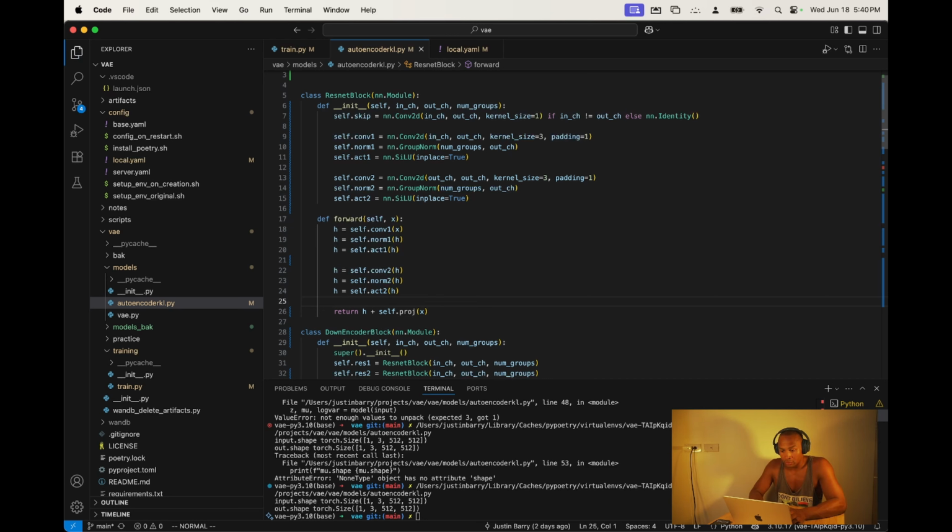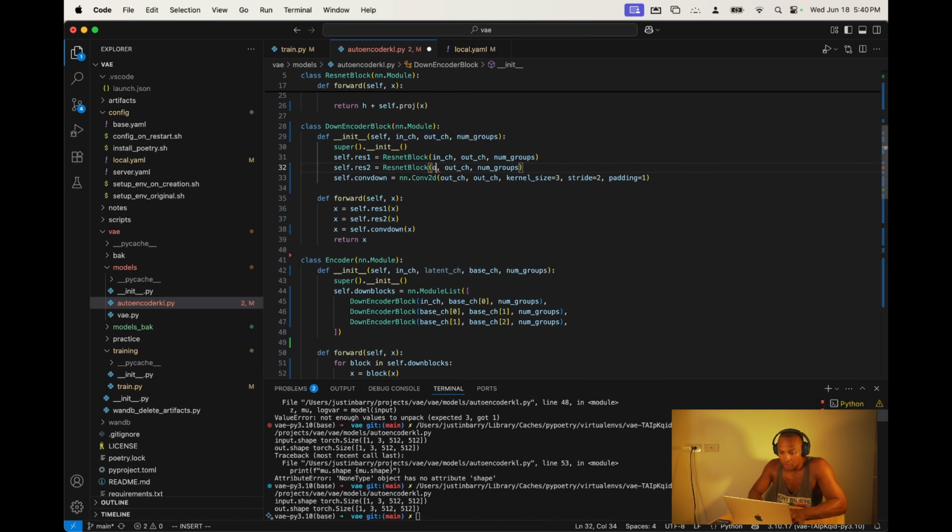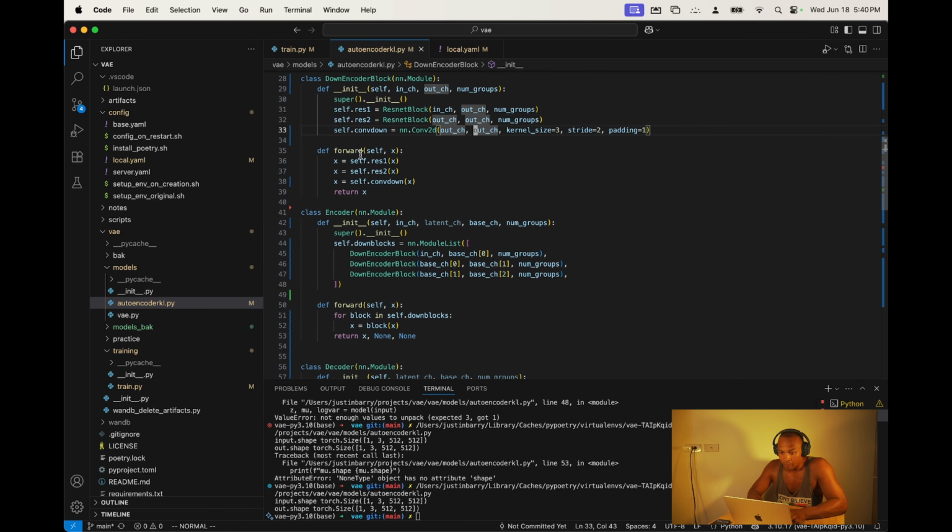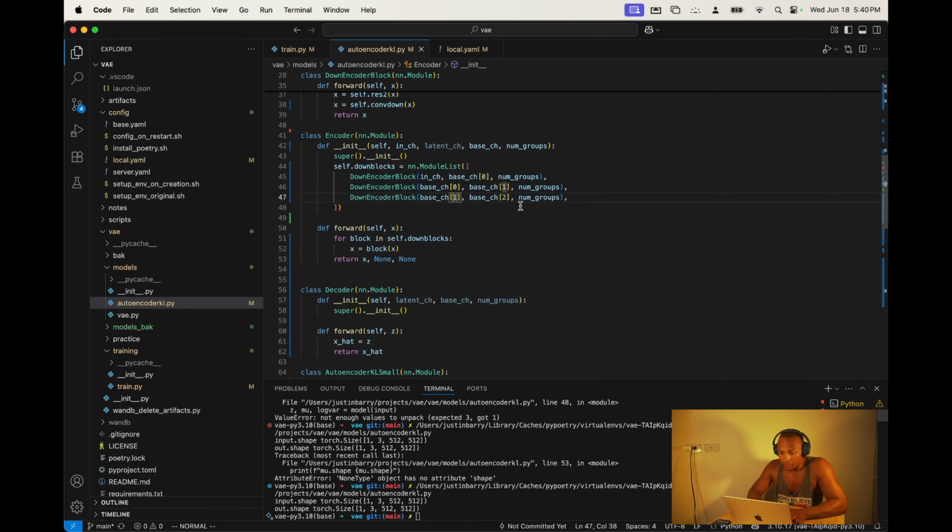So ResNet. Down encoder block. Let's run this.